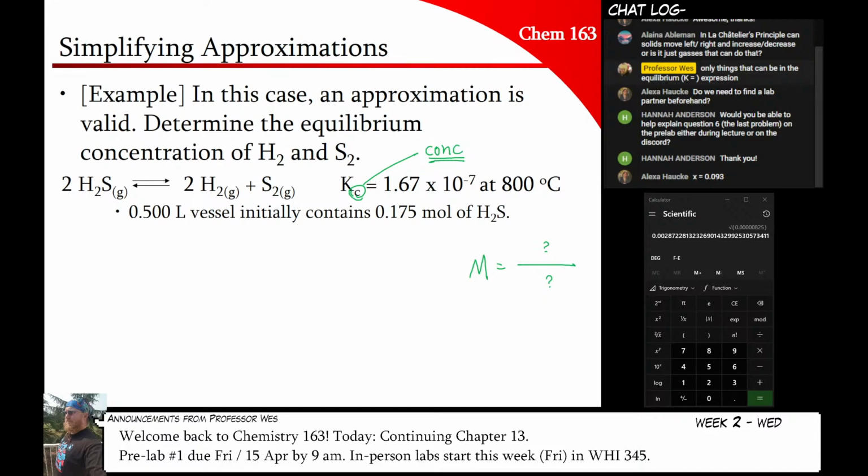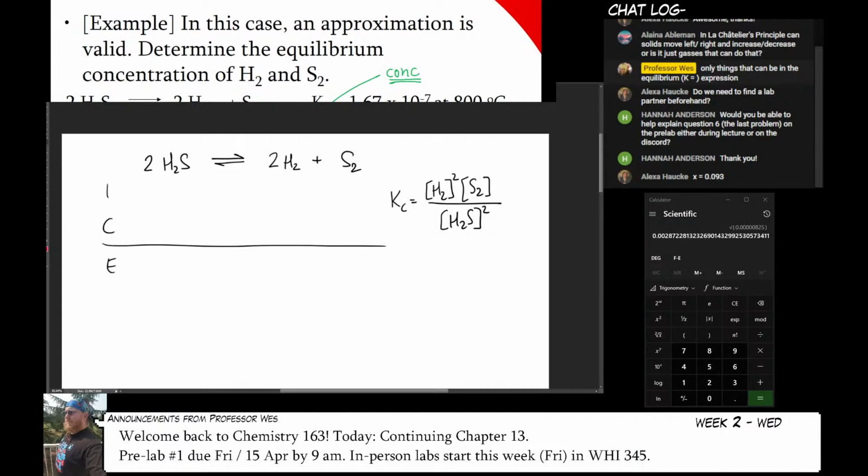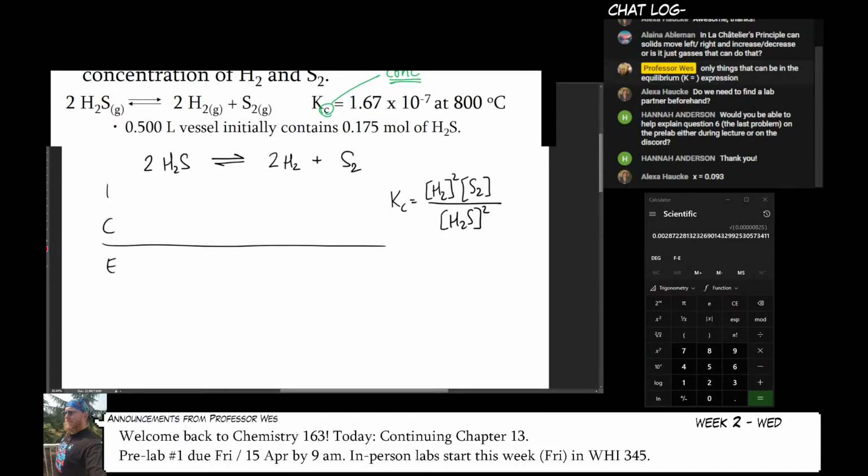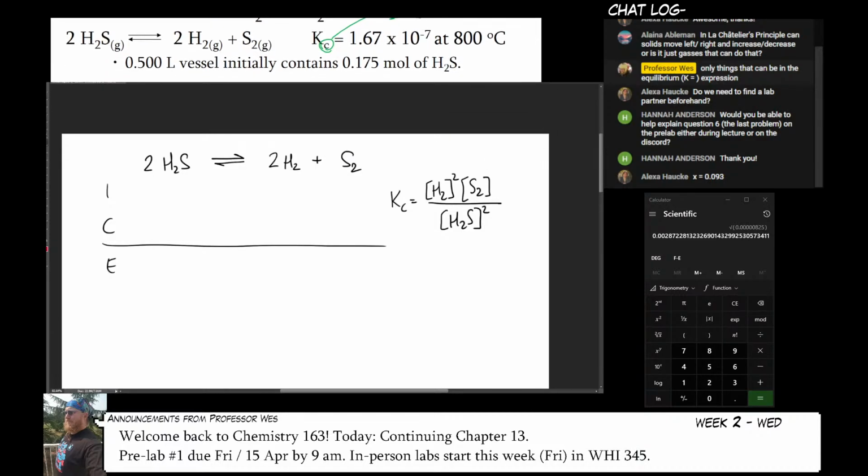All right. So what we're going to do here is we're going to go to this screen. Now, the first order of business is that I need numbers to put in my ice table. I gave you a number of moles and a volume, right? Well, molarity is moles of solute over liters of solution, right?